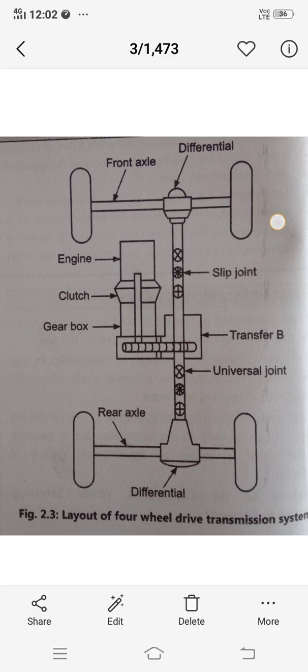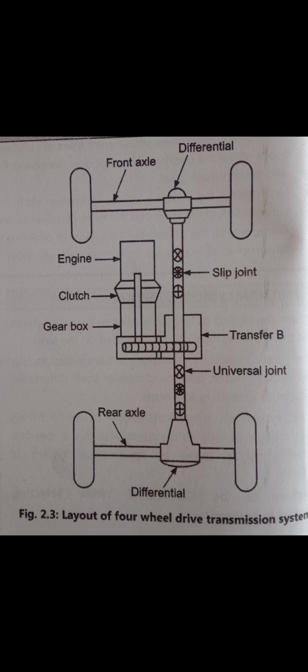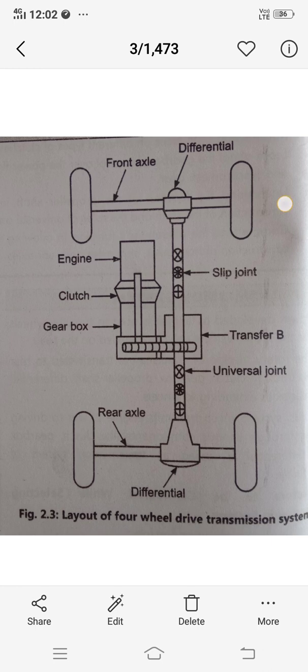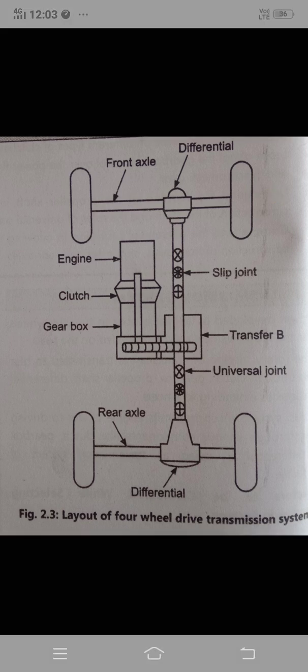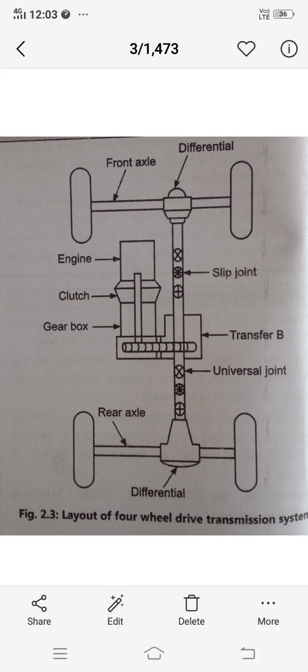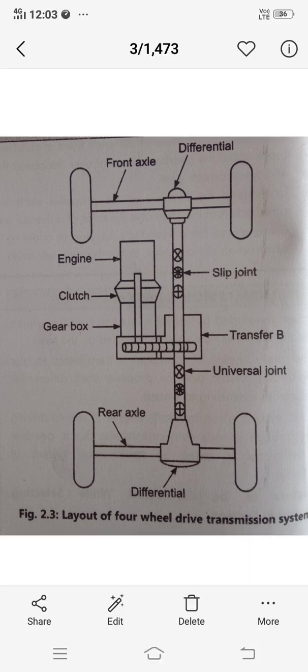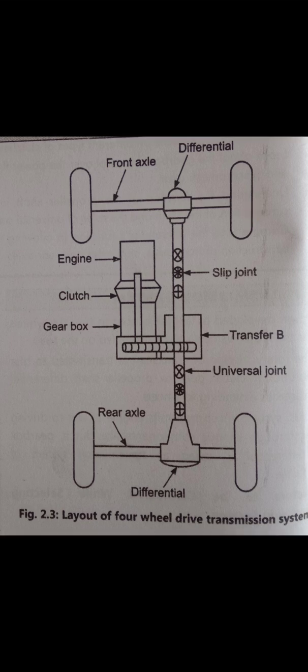We can see some examples on the road of this type of transmission system, that is Mahindra Scorpio, Maruti Suzuki Gypsy, Tata Safari, Toyota Fortuner, Mitsubishi Pajero, Mahindra Bolero are some examples of this four-wheel drive transmission system. You can see the schematic diagram of this type of transmission system in this picture.